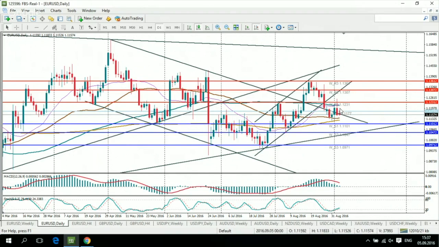So here are the levels to watch for the euro dollar on the downside, and on the upside we can see that strong resistance is located at 1.1212. This is the 100-day moving average. 1.1231, this is the high of August 2nd, and also the weekly pivot resistance line.